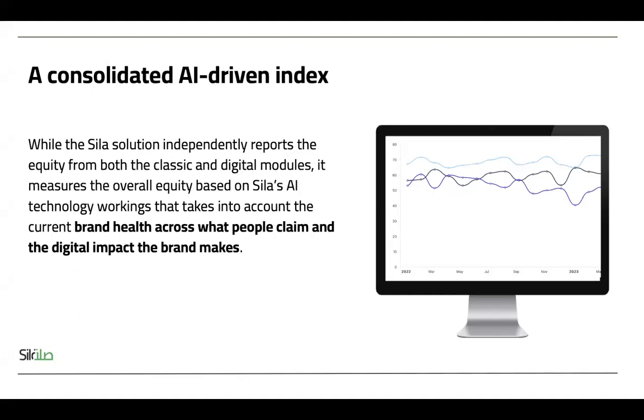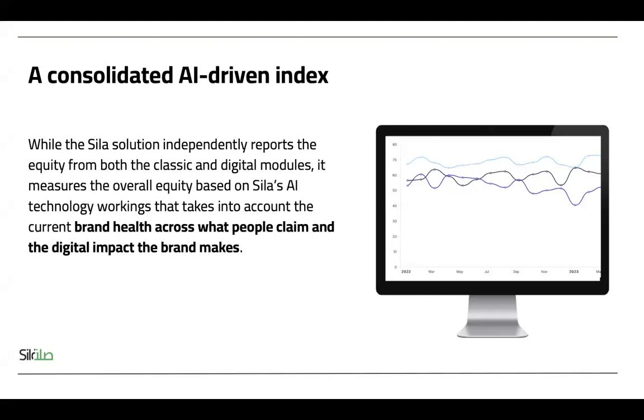You've got your classical modules, you've got digital modules, but more importantly, it's the seamless integration between the findings from a classical approach and a digital approach, looking at the brand equity using Sila's AI technology to track that.